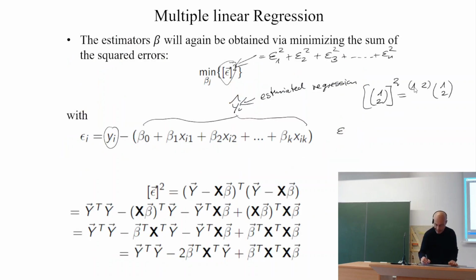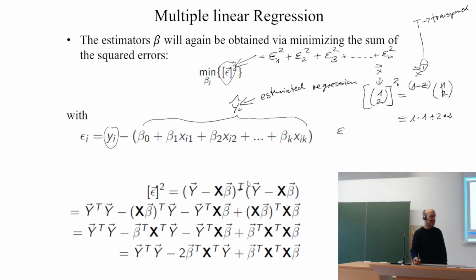And here then 1, 2 times 1, 2 means 1 times 1 plus 2 times 2. And this here, if we call this x vector, then this we write as x^T, for T means transposed. And therefore you have here this T for the writing.